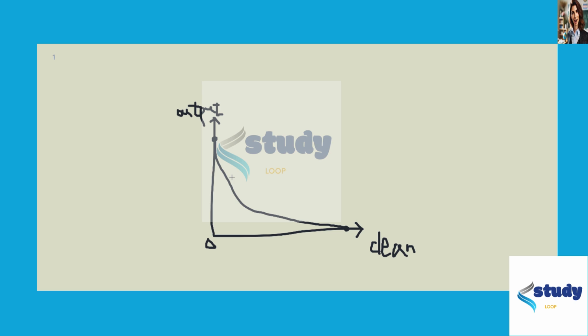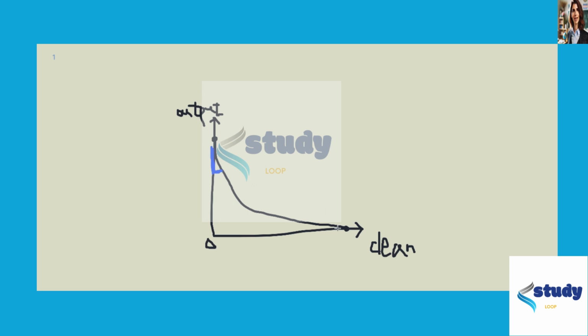So the curve is steeper on the left hand side, because when you're already polluting the environment, the tiny little effort that you can make to make the environment a little bit cleaner is by sacrificing a lot of the output.